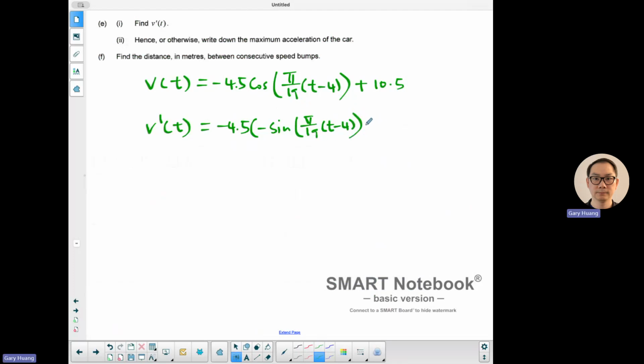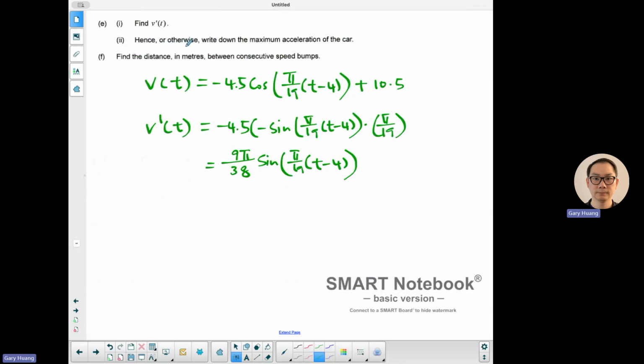The chain is going to be pi over 19. The derivative of 10.5 is 0, so I don't have to worry about it. Right? So simplify this a little bit. I'm going to make the 4.5 9 over 2. So that's going to be 9 over 38. So 9 pi over 38 sine pi over 19 t minus 4. That would be the acceleration function.